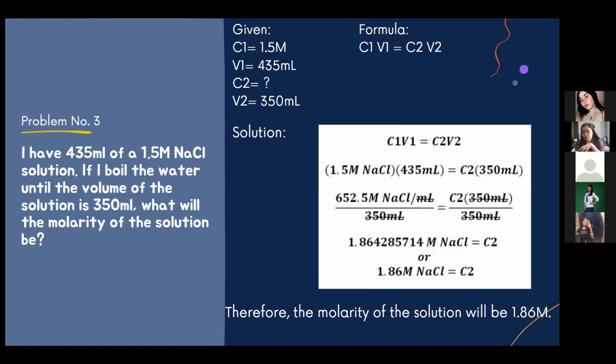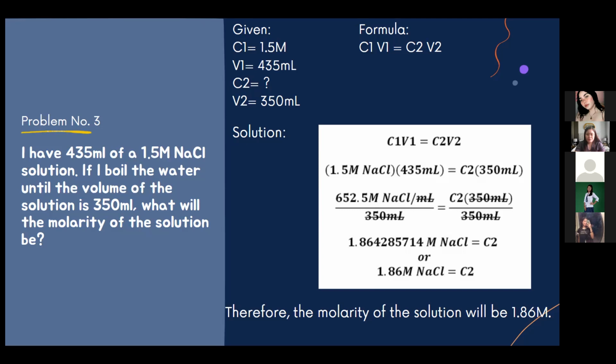Now, we are looking for the new concentration, but the new volume is given, and that is 350. Thus, this formula is still applicable. So 1.5 times 435 is 652.5. And yes, we will divide both sides by 350 so that we can isolate C2.